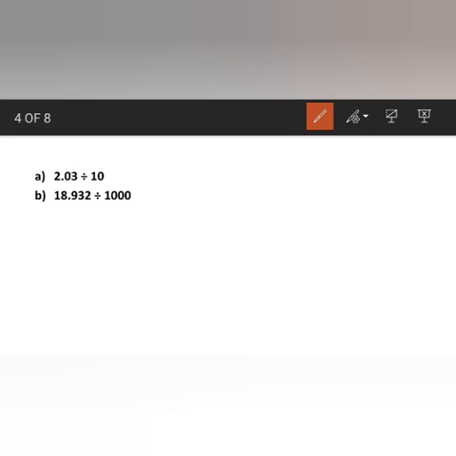Okay, here the questions are given. The first one is 2.03 divided by 10. Here 2.03 is the decimal number and we are dividing it by 10. So, we will write 2.03 by 10. What we have to do is check how many zeros are there in 10. Here, as you can see, there is only 1 zero.